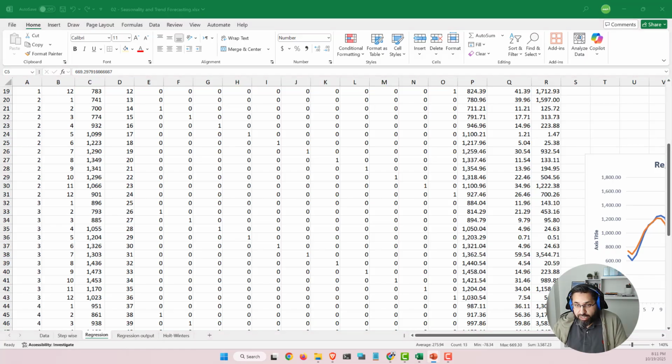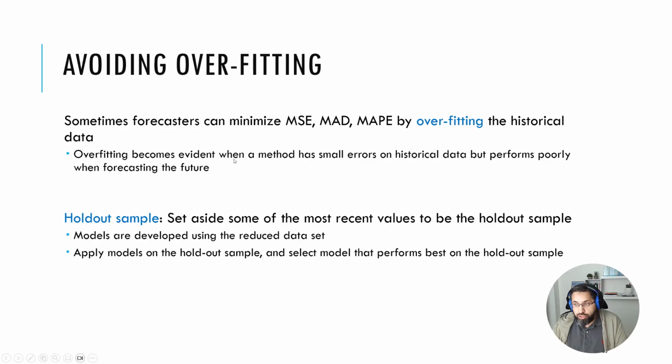Okay, so that is the idea of forecasting into the future and using a holdout sample. Because when you really optimize your model to predict on a training data set, you get good performance on a training data set. But if you forecast more than 1 month out, or if you get new data and your model parameters were optimized for the training data, your performance can degrade. So that is this idea of avoiding overfitting.